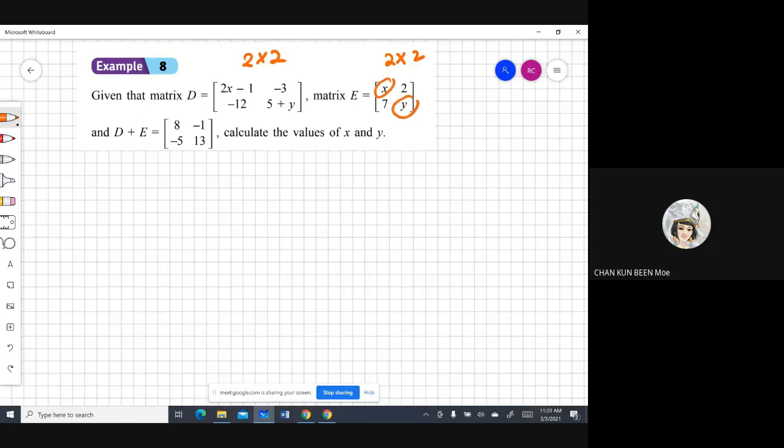What you do is copy down the working for this one. D plus E is equal to 8, negative 1, negative 5, 13, and you put it in brackets.